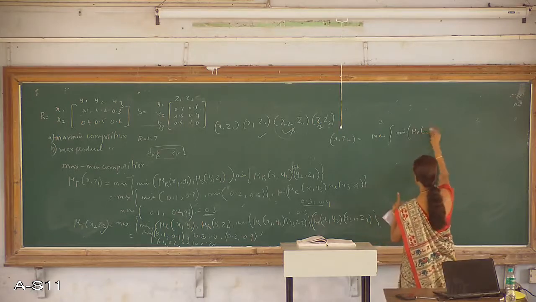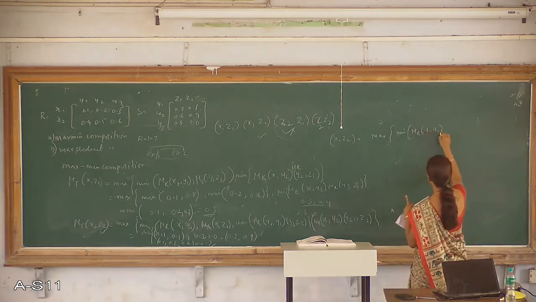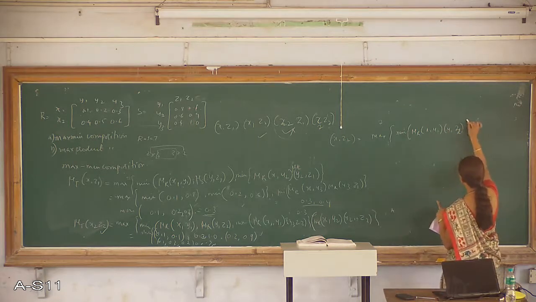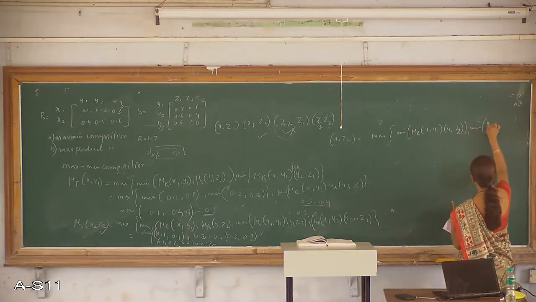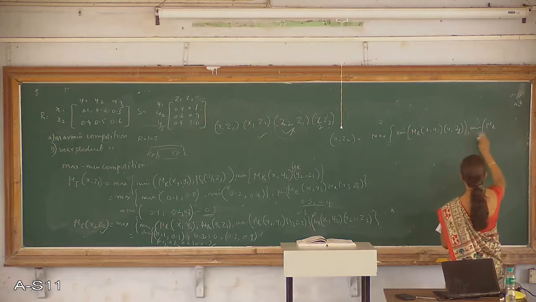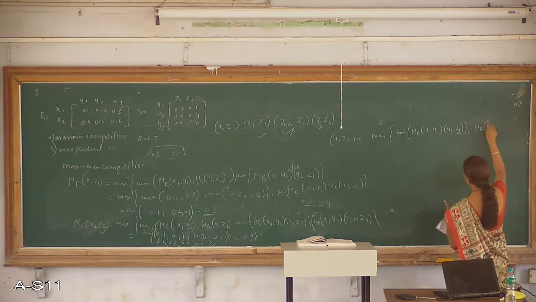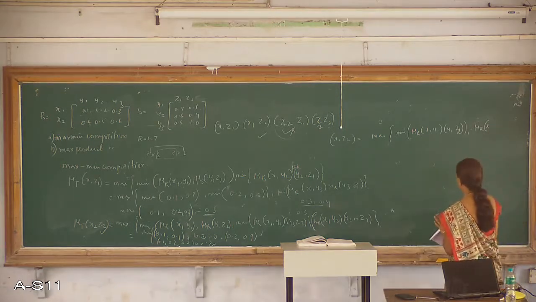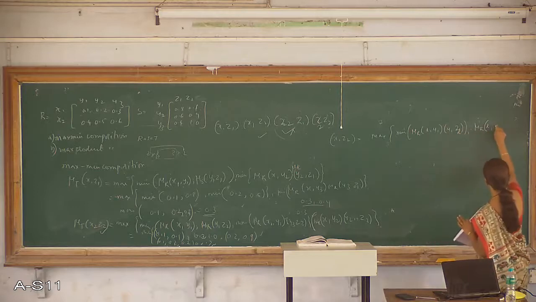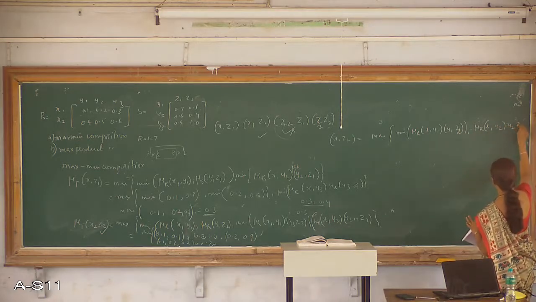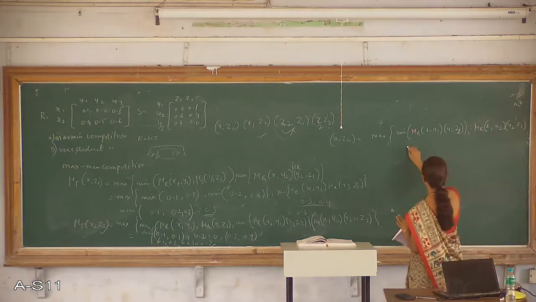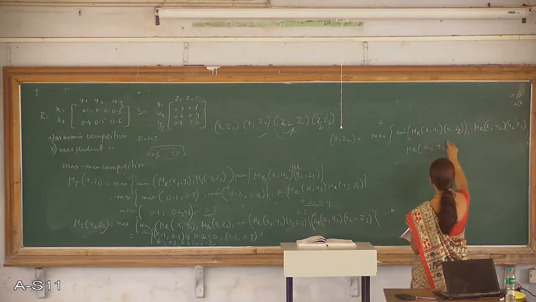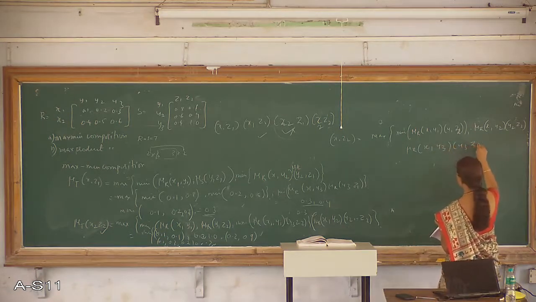So x1 y1 z2, then minimum of mu R of x1 y2 z2, then mu R of x1 y3 and y3 z2.